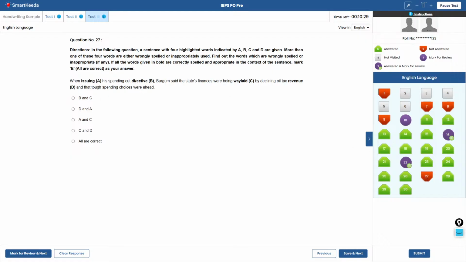Issuing, directive, waylaid, revenue. If two spellings have to be incorrect, but appropriate context is maybe not used. So while issuing his spending cut directive, Burgum said the state's finances were being waylaid by declining oil tax revenue.